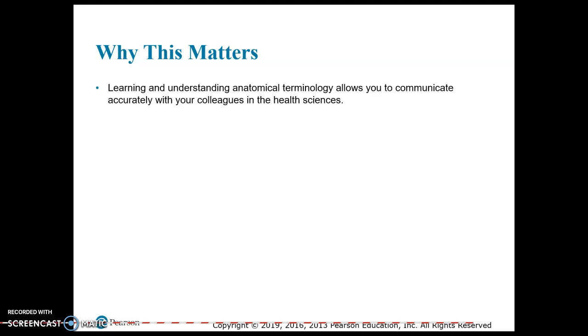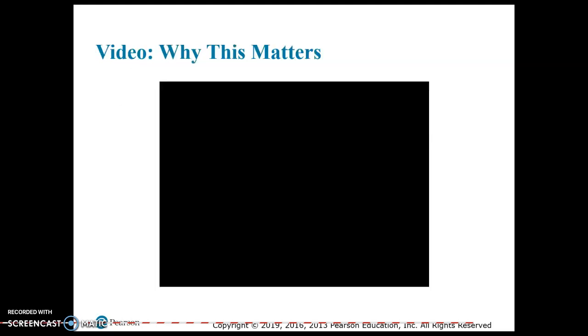So we'll learn regional terminology for basically every area on the surface of the human body. And then we will learn directional terminology, which is really, really important to be able to explain where something is located using the proper directional terms. That's going to be important no matter which area of healthcare that you go into, if you're going into healthcare.